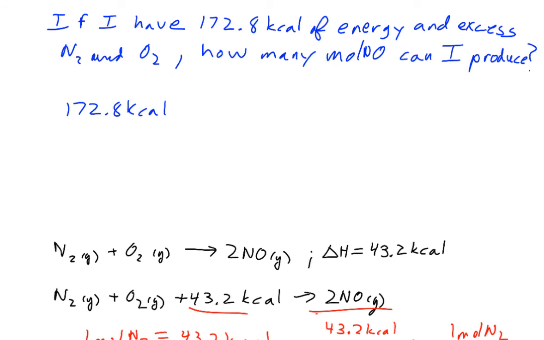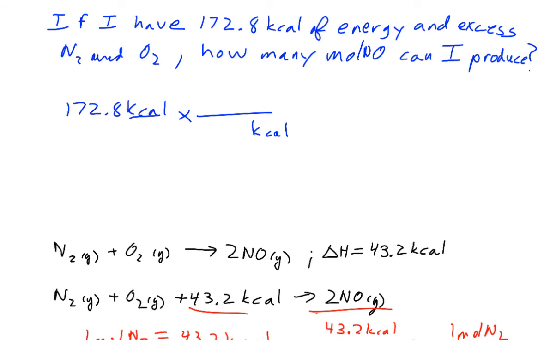I'm getting panicky. And then I remember, hey, wait a second, I just need to get rid of whatever unit I'm starting with. I've only got one number and it has kilocalories attached. So I know that whatever unit I have here, I'm going to automatically place down there. Do I know a relationship between kilocalories and nitrogen monoxide?